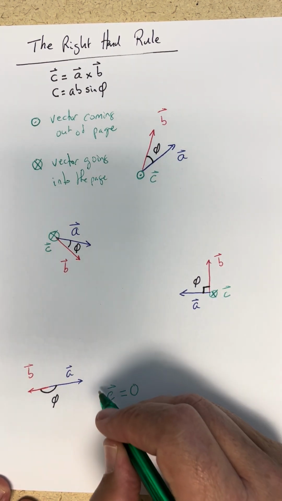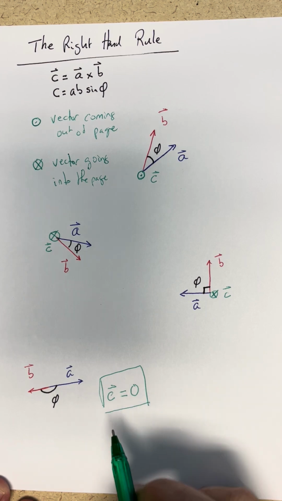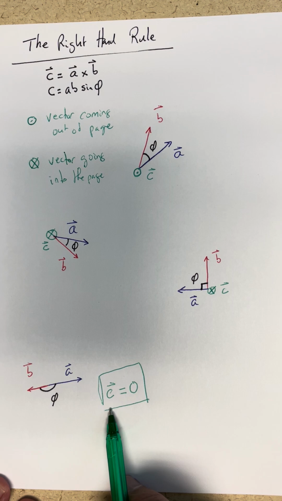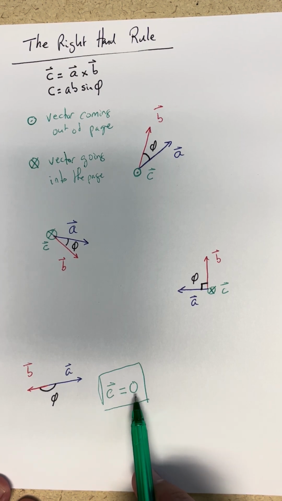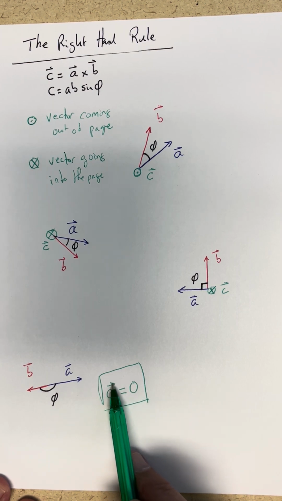Okay. And I want to highlight another thing. This is the only case when we're using vectors where I can set a vector equal to a scalar. Okay. C is a vector. There is a vector symbol on it.